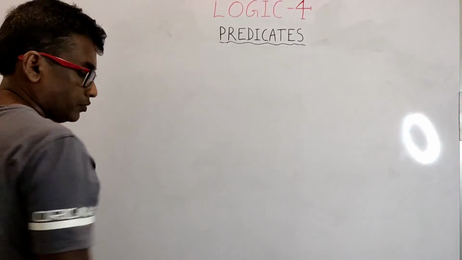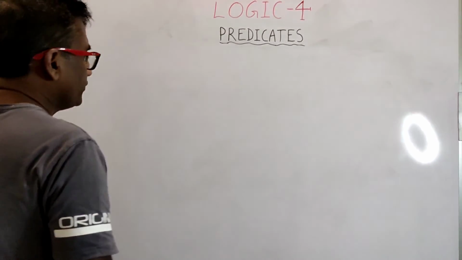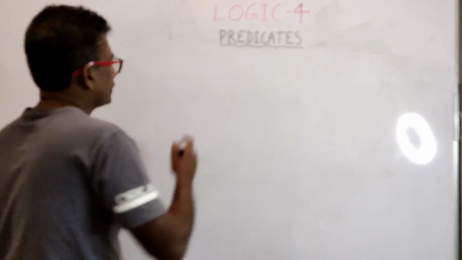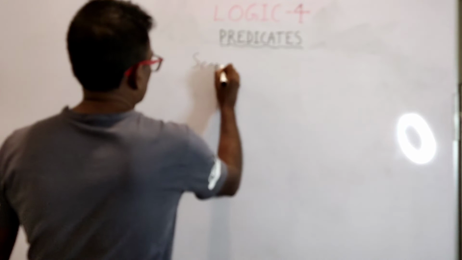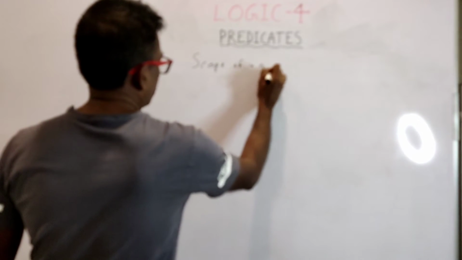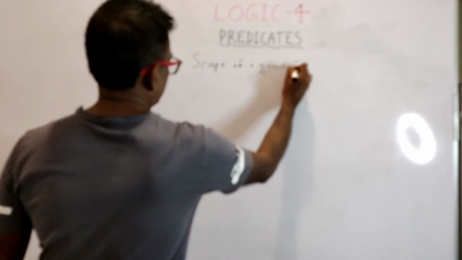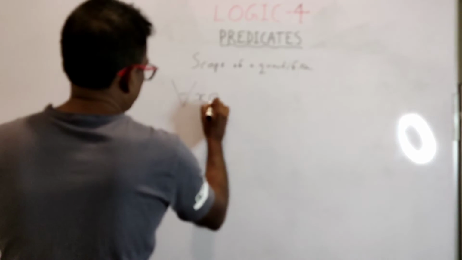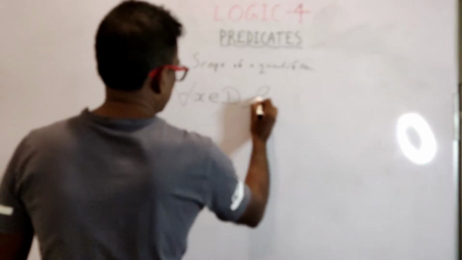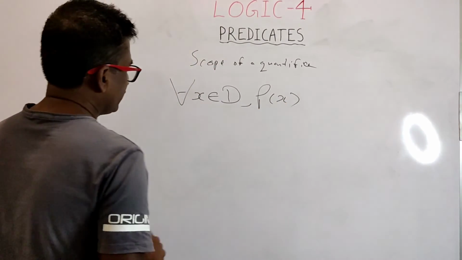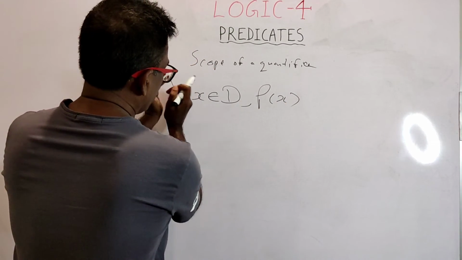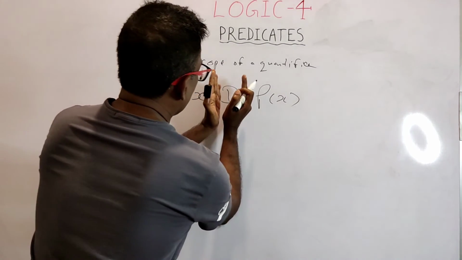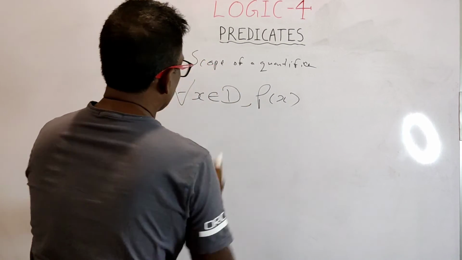Now, the scope of a quantifier. Consider this. When we say all x in D, P of x, it means that this quantifier's scope is the entire universe of discourse.